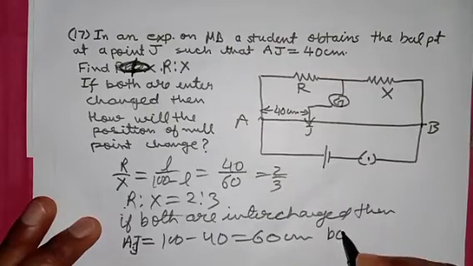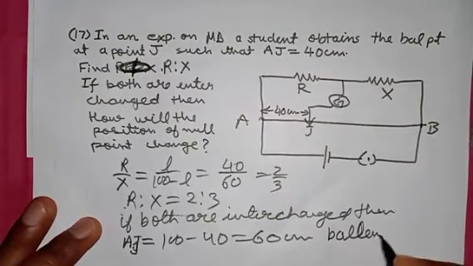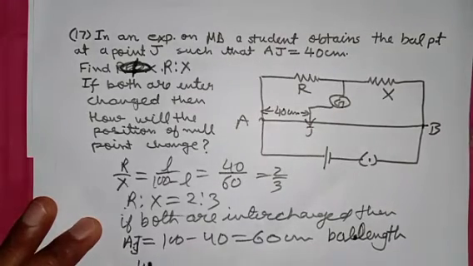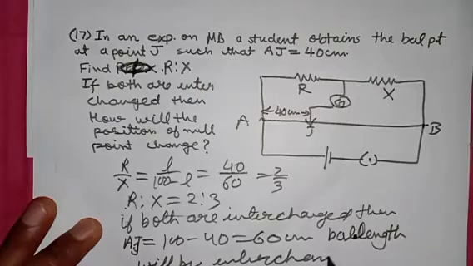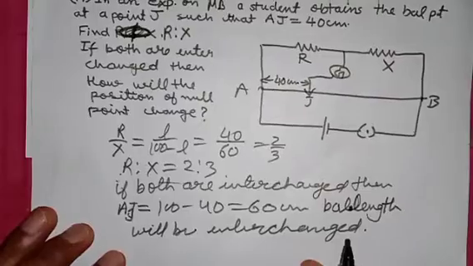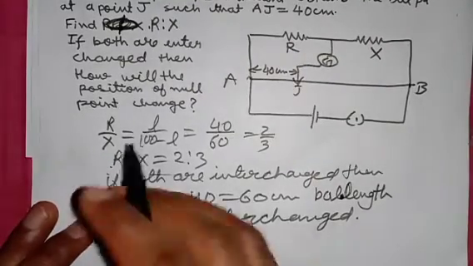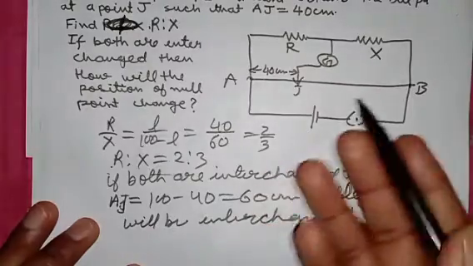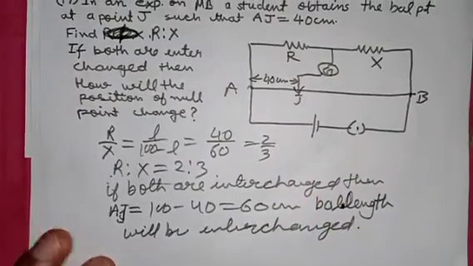That is, the balancing lengths will be interchanged. To maintain the equal ratio, the balancing lengths will be interchanged, and that's all. We have given the value, so no need for further explanation.